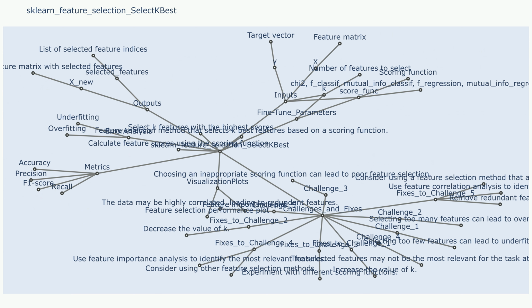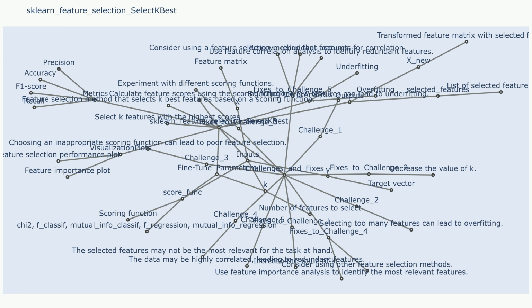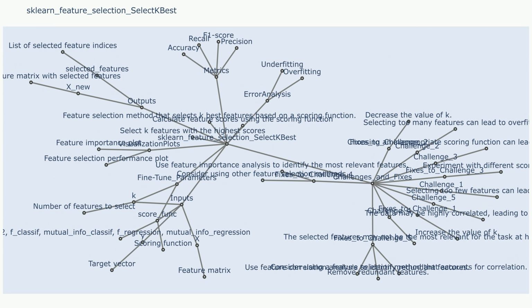Fixes: reduce K, try smaller K values to select fewer features. Cross-validation: use cross-validation techniques to assess if your model is generalizing well. Regularization: incorporate regularization techniques, e.g., L1 or L2 regularization, into your model to penalize complex models and prevent overfitting.